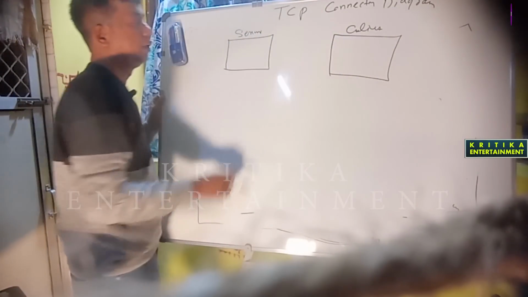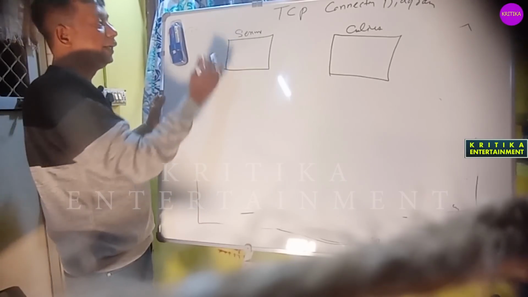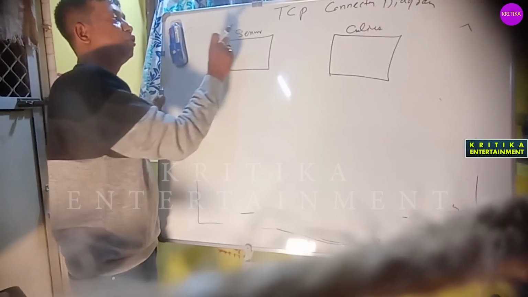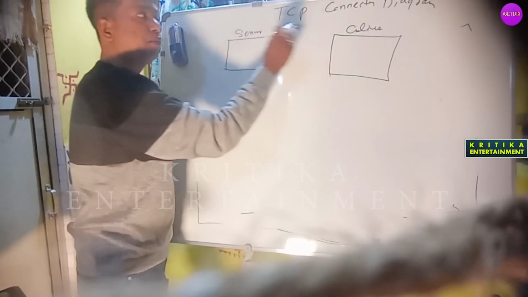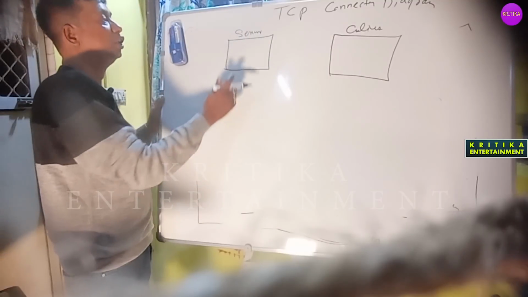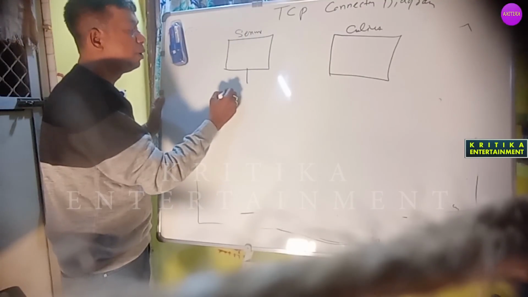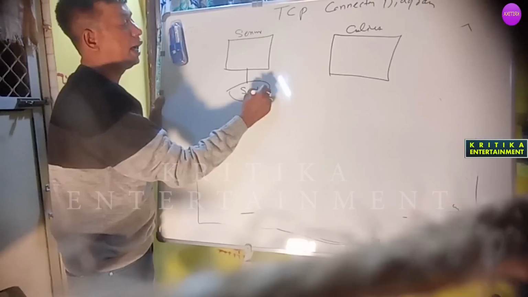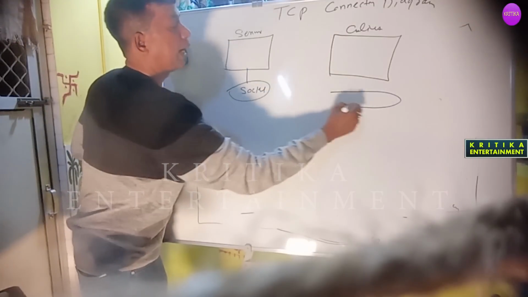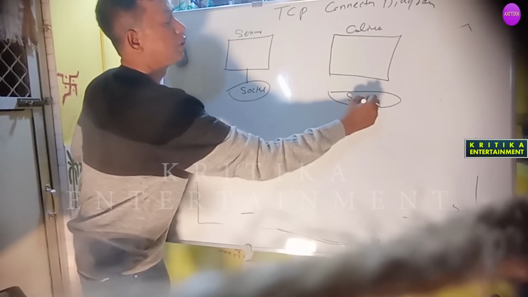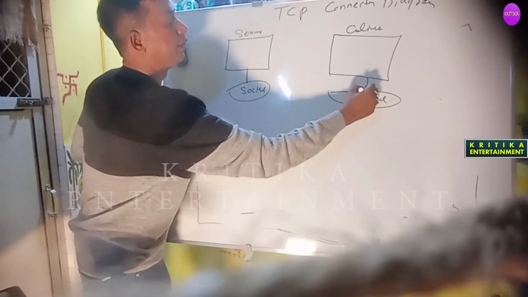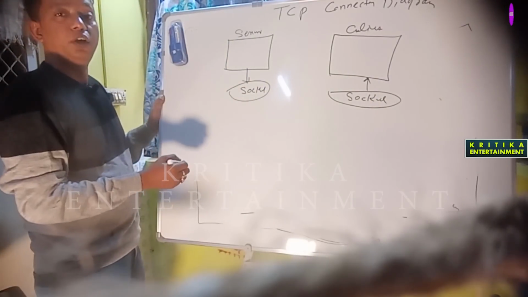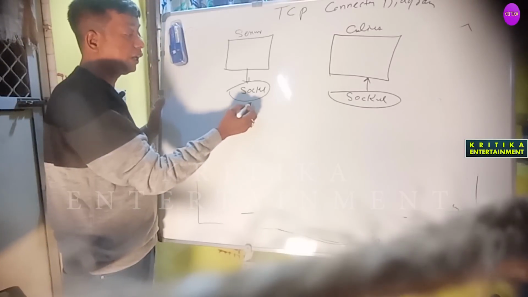This is the client. I have told you the socket is declared on both sides: the server side has a socket and the client side has a socket. So remember that this is called the socket.